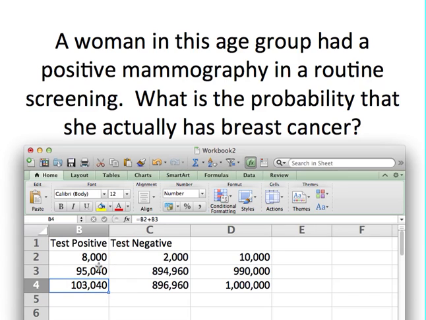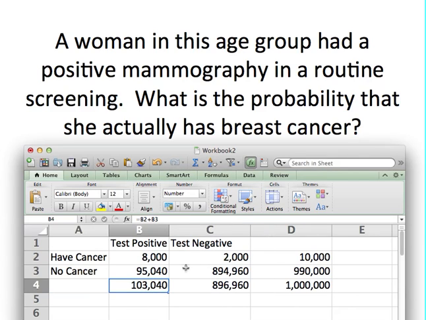So let's figure it out. The probability of her having cancer: she's one of the 8,000. What's the likelihood of her being one of the 8,000, given that she's one of the 103,000? Well, it's literally just 8,000 divided by 103,040.